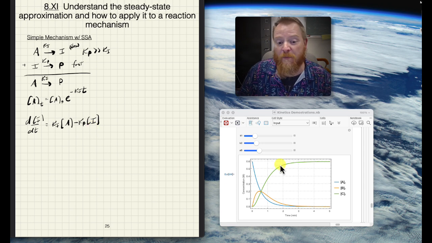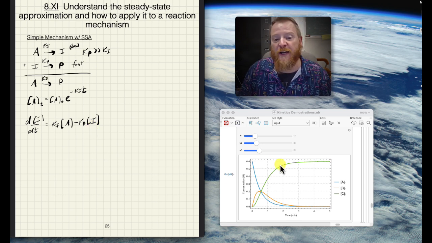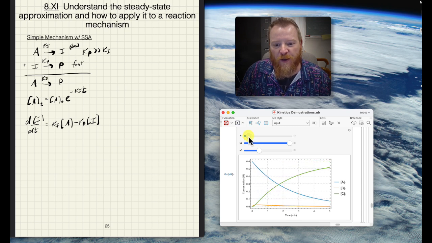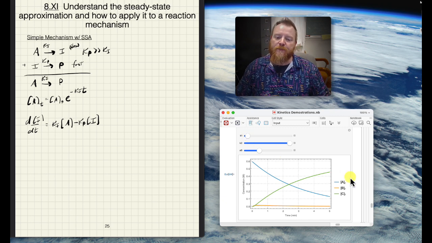We're going to use my model to help us visualize how that approximation goes. In this case, we said Kp was much, much greater than Ki. So in my model here, that means K2 is much, much greater than K1. Here's what I want you to notice. First of all, the reaction slows down a bit relative to where I had it.